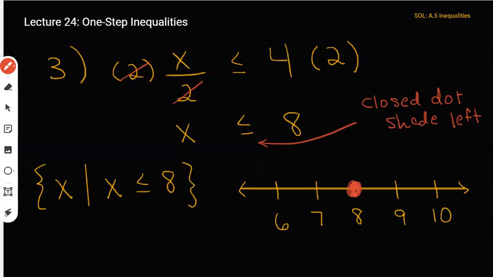You shade in, right? And then I'm going to shade to the left just like this. And I'm done. That's number 3. So you kind of get to see the difference between the closed dot and the open dot.